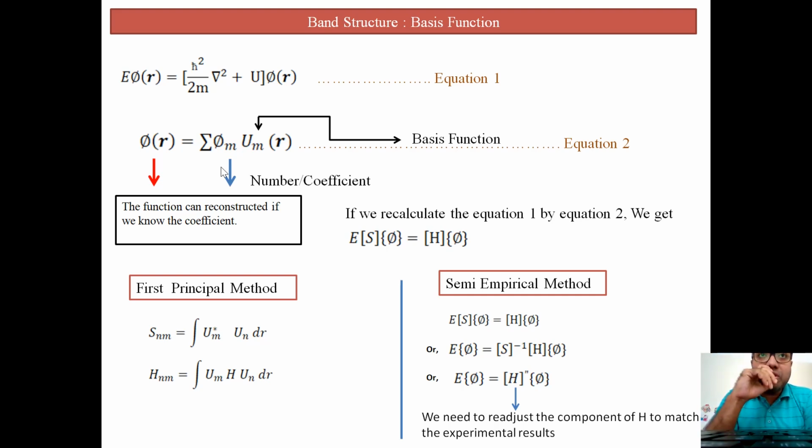We have already introduced the basis part. Look at that, just follow my cursor. This is my conventional Schrodinger wave equation. The main idea is that we need an energy eigenvalue, that is E, and phi(r) is called the eigenfunction.